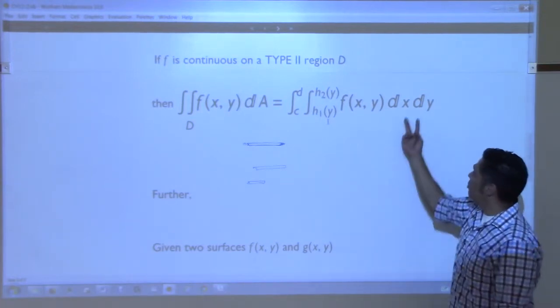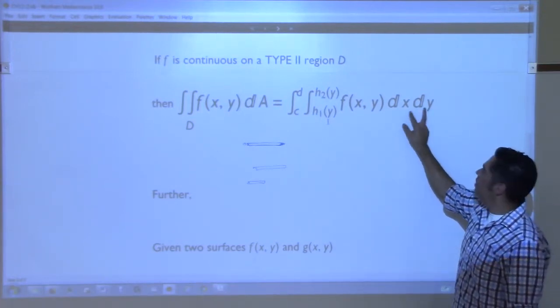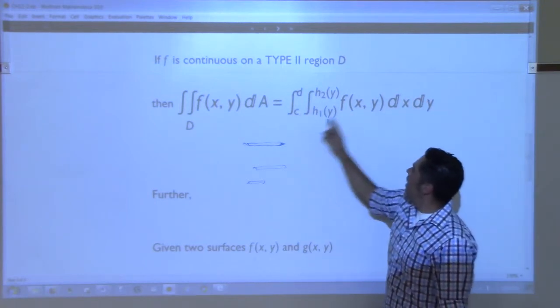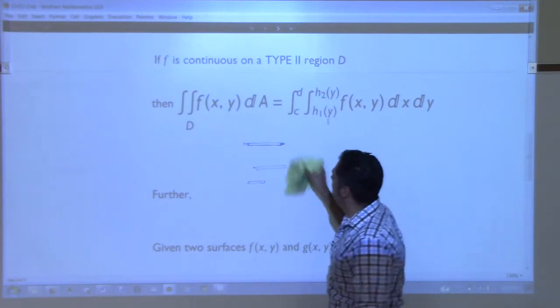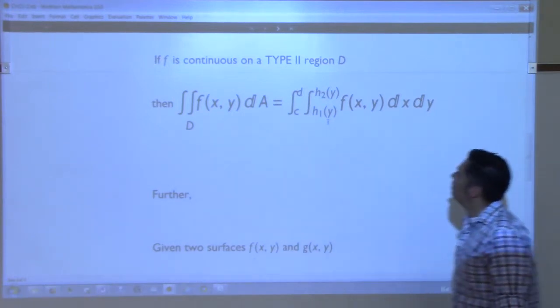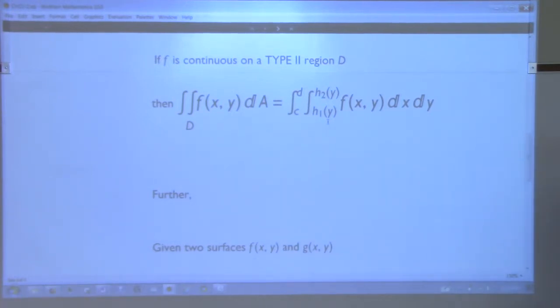So the order of integration switches. Your y is now on the outside, and you integrate with respect to x first, with two functions of y on the inside. The order of the integral doesn't change, but dx dy does between type 1 and type 2.